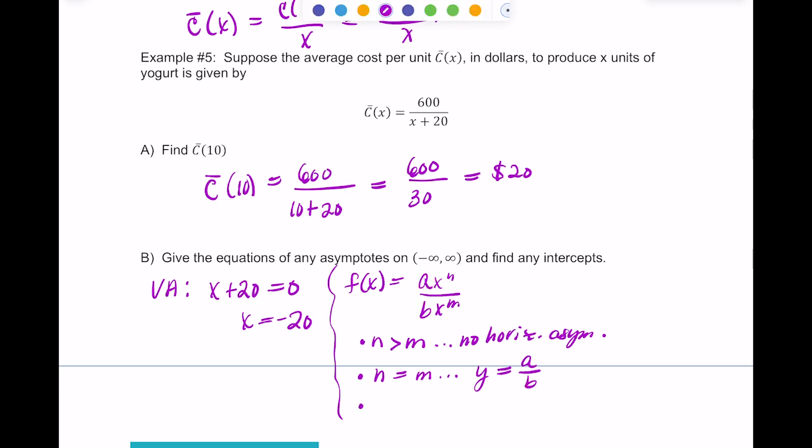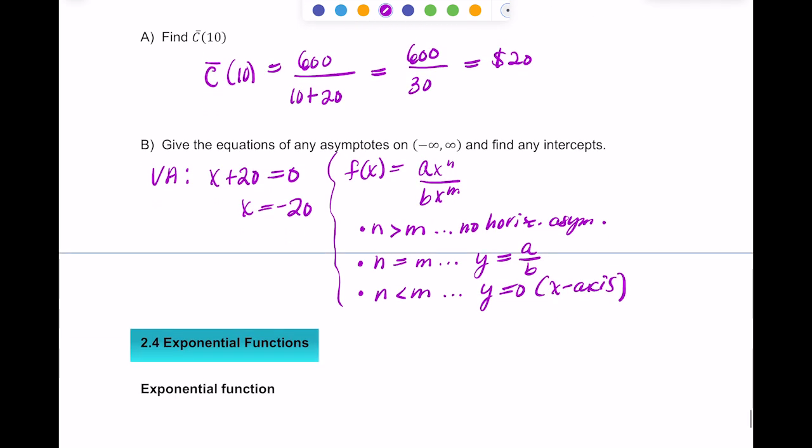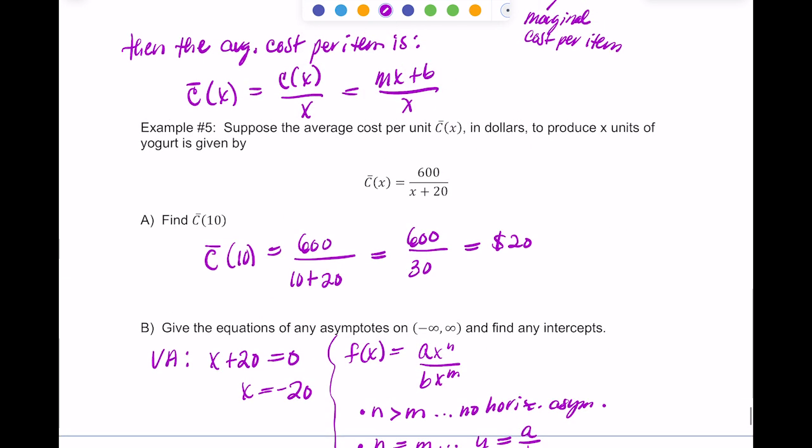The other option is n could be less than m, so the degree up top could be smaller than the degree on the bottom. If that's the case, it's really easy. It means that the horizontal asymptote is y equals 0, which is just another name for the x-axis, right? So here, if we look at 600, there doesn't appear to be a degree up there, but there really is.